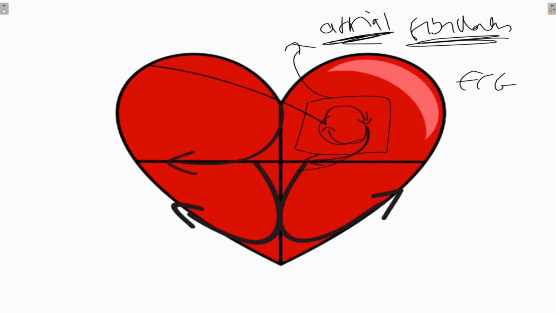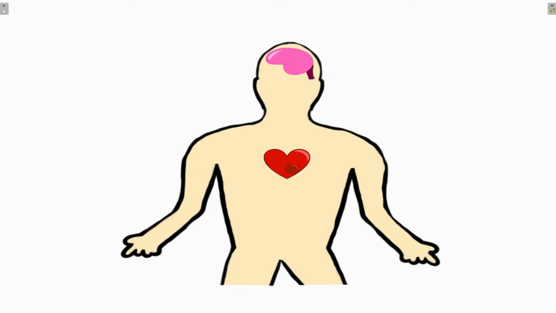Now, this disruption in rhythm, as I said earlier, may cause the heart to contract irregularly. In essence, it fails to contract adequately, such as in the atria. This can cause stagnant blood pooling to such an extent in the heart chambers that if it gets big enough, it can cause a clot to form.